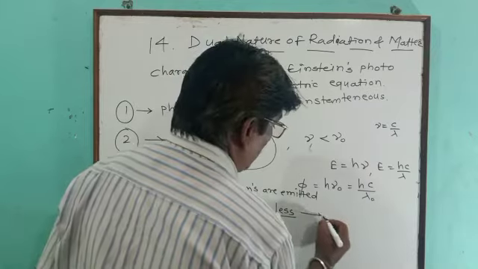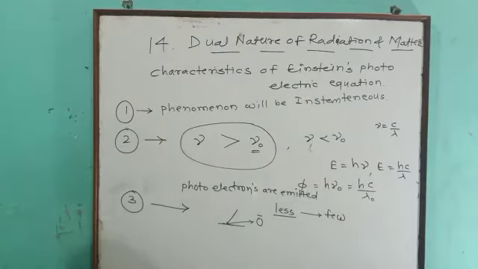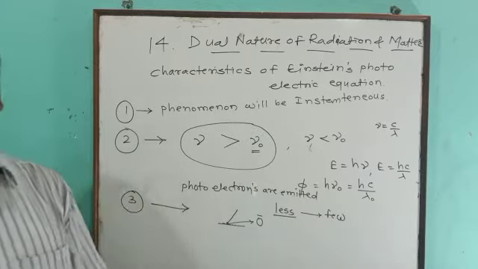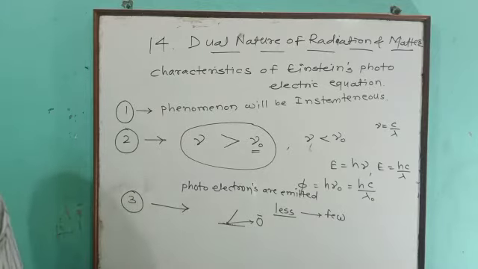Very few electrons will be emitted from the metal surface, which means a smaller amount of current is seen.